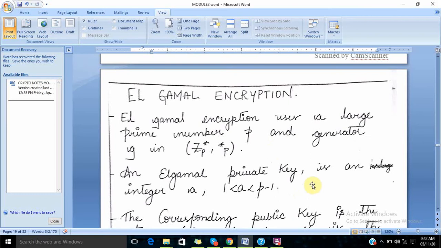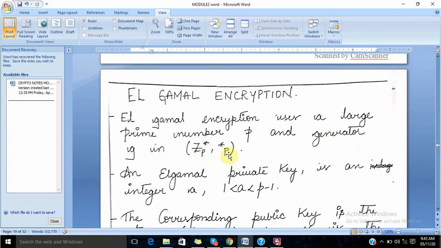Okay. So students, El-Gamal encryption uses a large prime number P. So this is one of the inputs which is required in the formula. Remember that P is a prime number, and a generator G in Zp star.